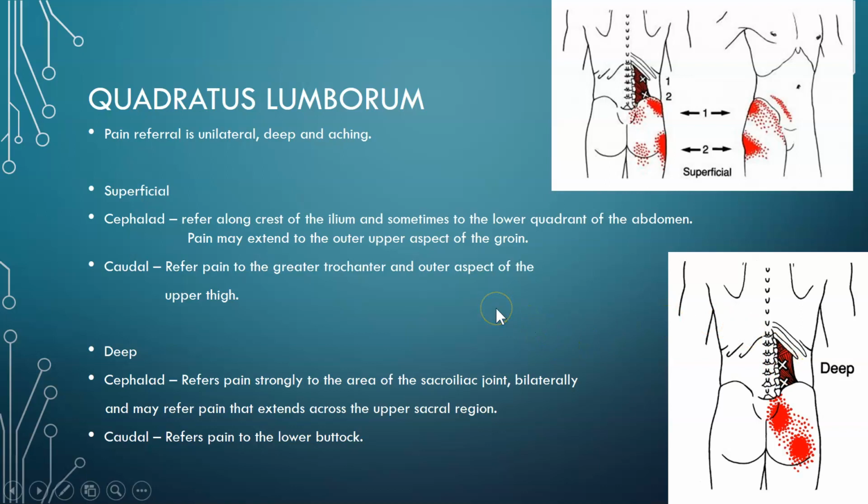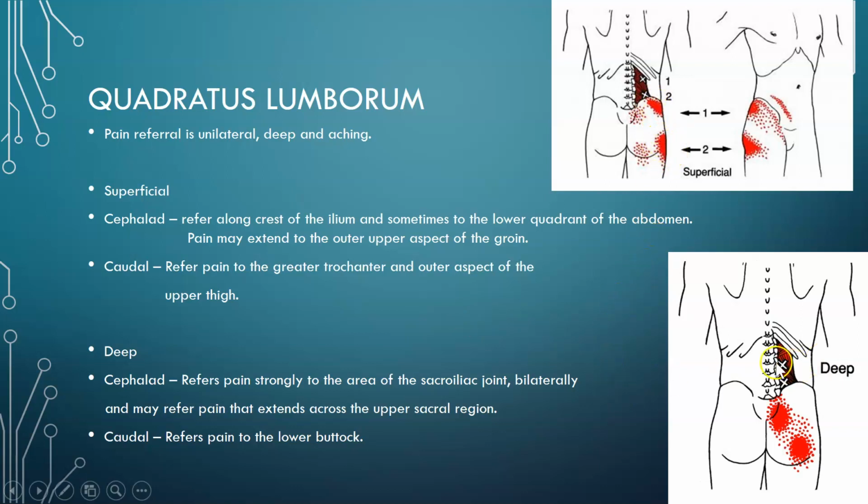Superficial, at the upper part of the muscle, it refers along the crest of the ilium and sometimes to the lower quadrant of the abdomen, and occasionally they can extend to the outer aspect of the groin. The lower part, the caudal part of the superficial trigger point, can refer pain to the greater trochanter and the outer aspect of the upper thigh. Very common referred pain patterns.